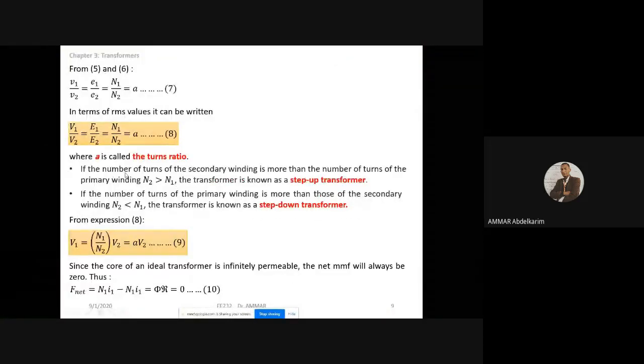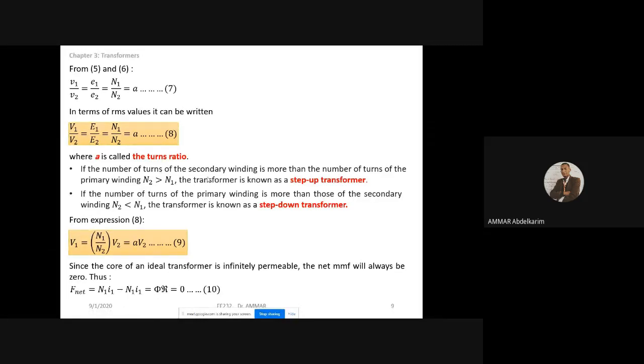If the number of turns of the secondary winding N2 is more than N1, the number of turns of the primary, the transformer is known as a step up. What does it mean, step up?